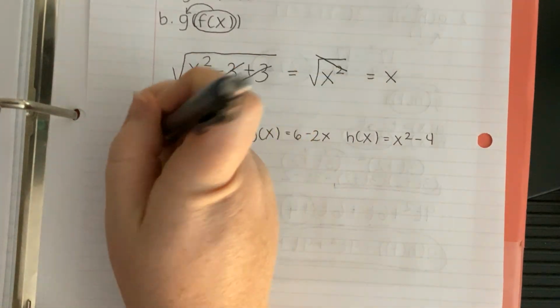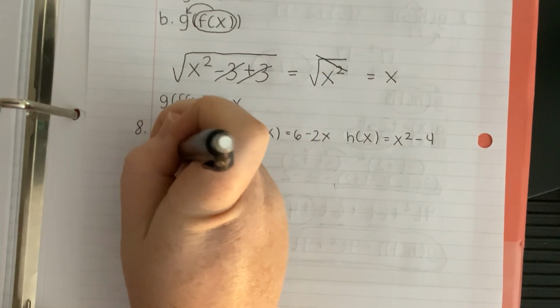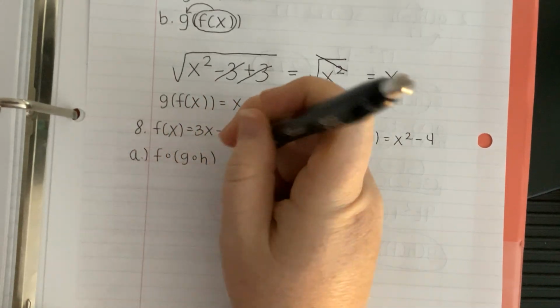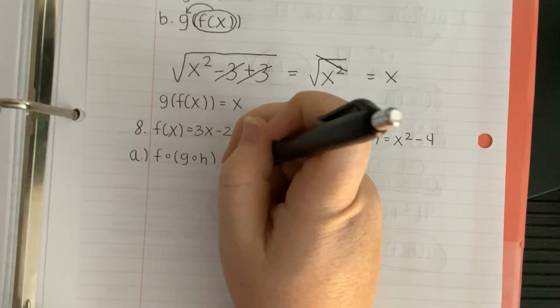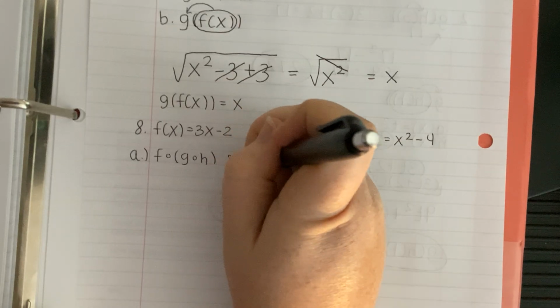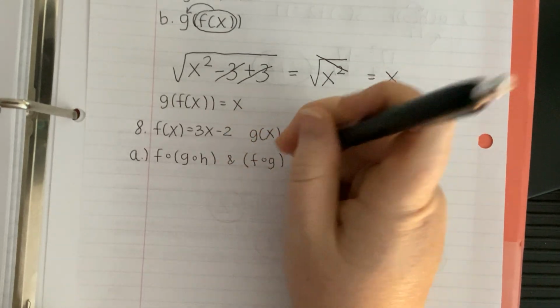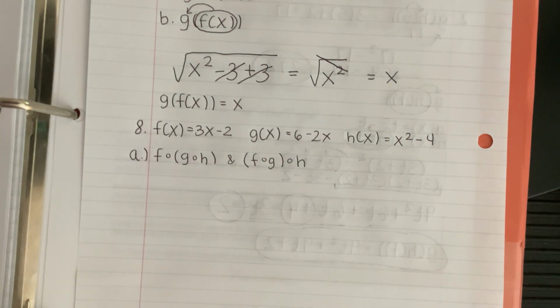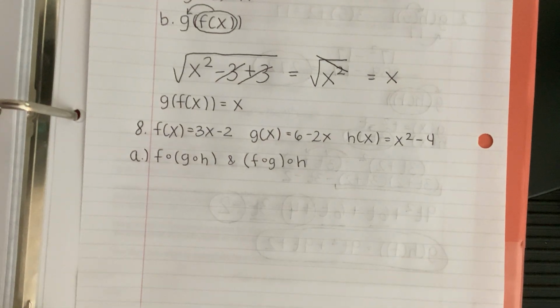It wants you to find f of g of h, and it wants you to find f of g of h, with the parentheses in different places. Really important is you understanding what order this is going to take us in.